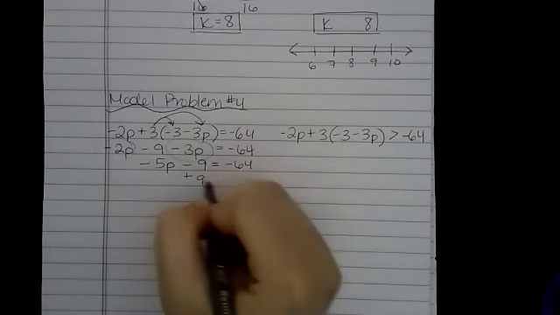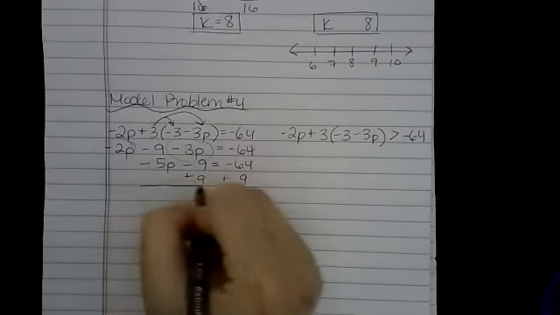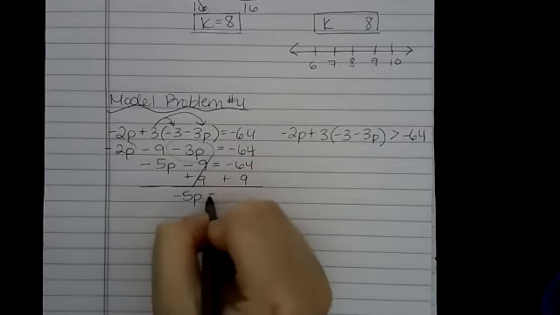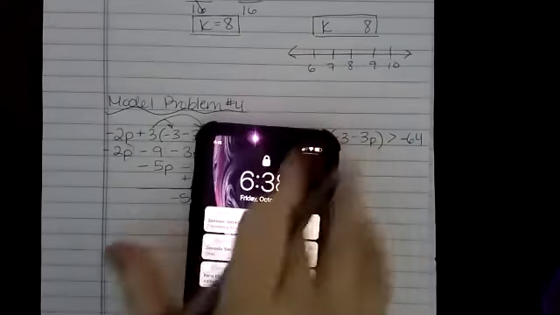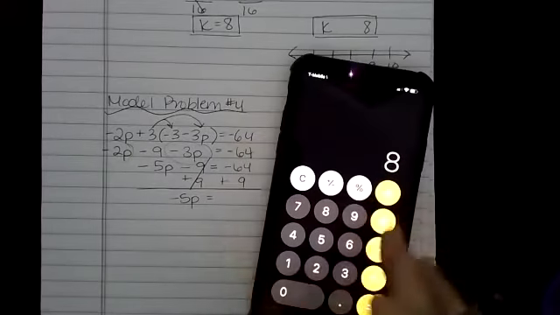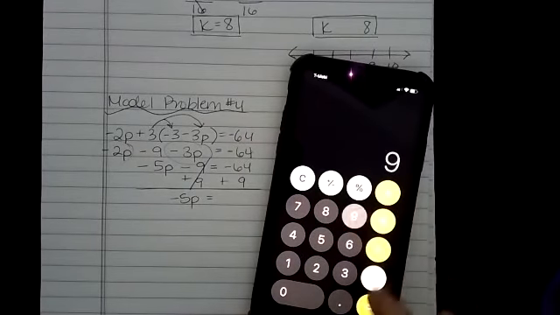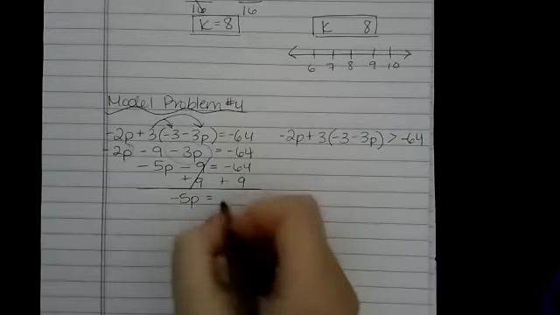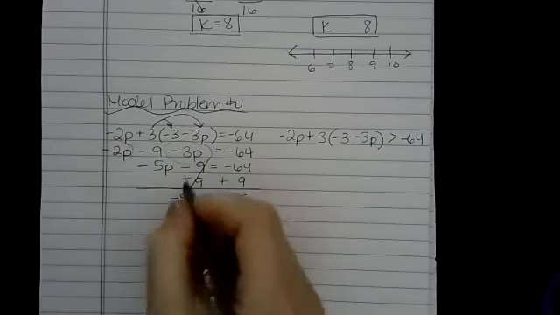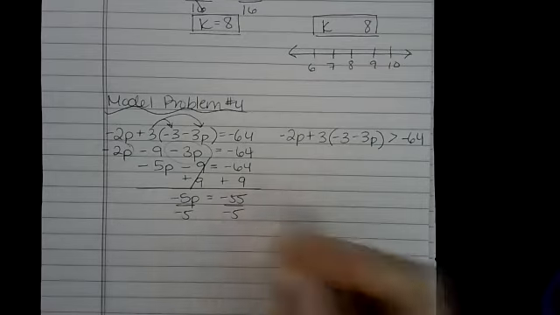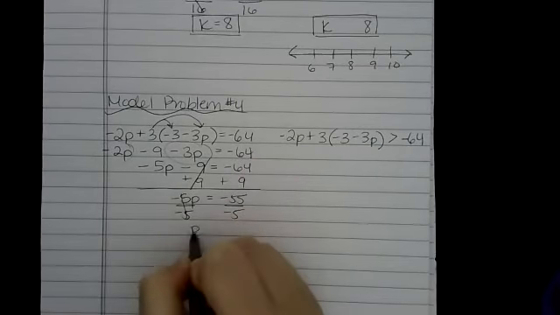I'm going to go ahead and add 9 to both sides to get rid of it because that is the inverse. Negative 5p is equal to, all right, so let me get that up. Negative 64 plus 9, negative 55, okay? Dividing by negative 5, right? But nothing happens to my equal sign. So p is equal to positive 11.